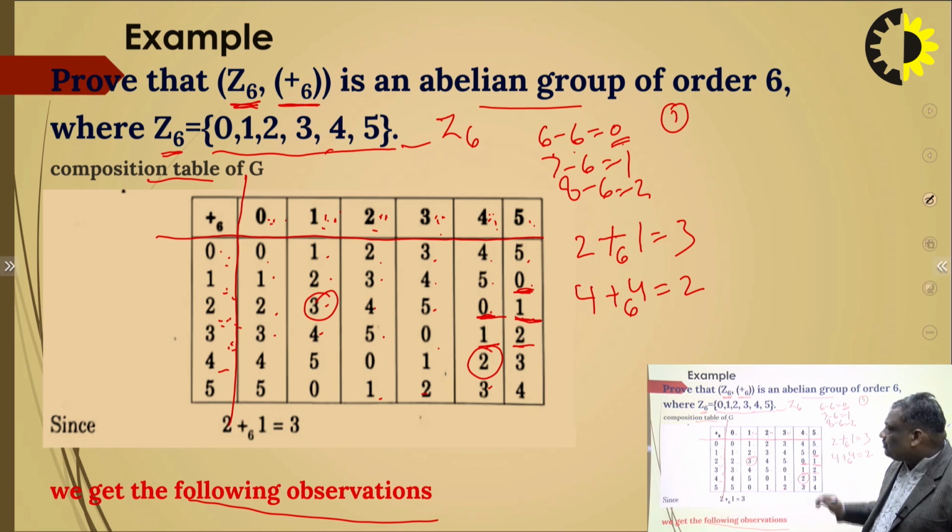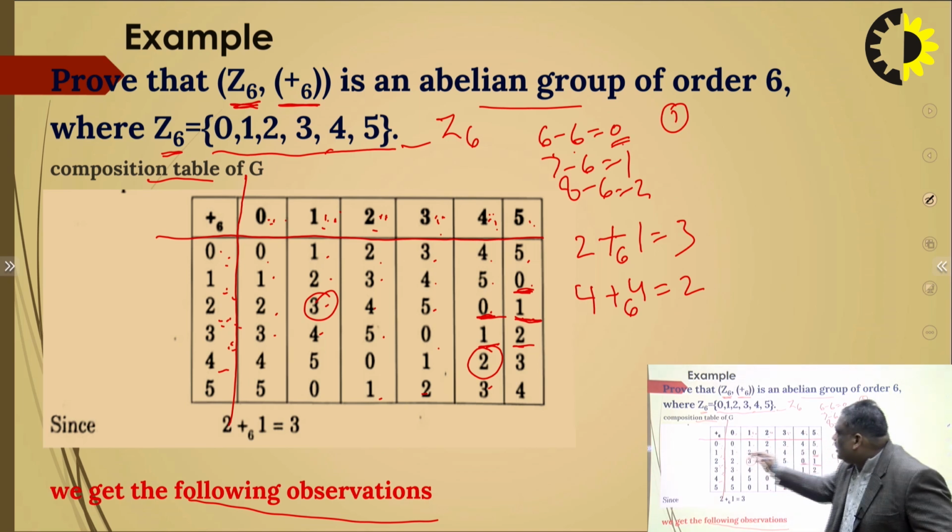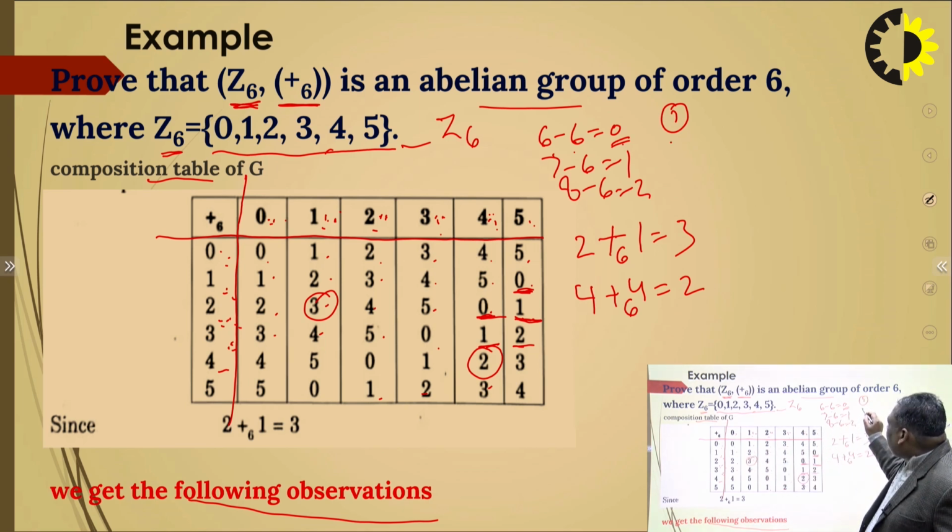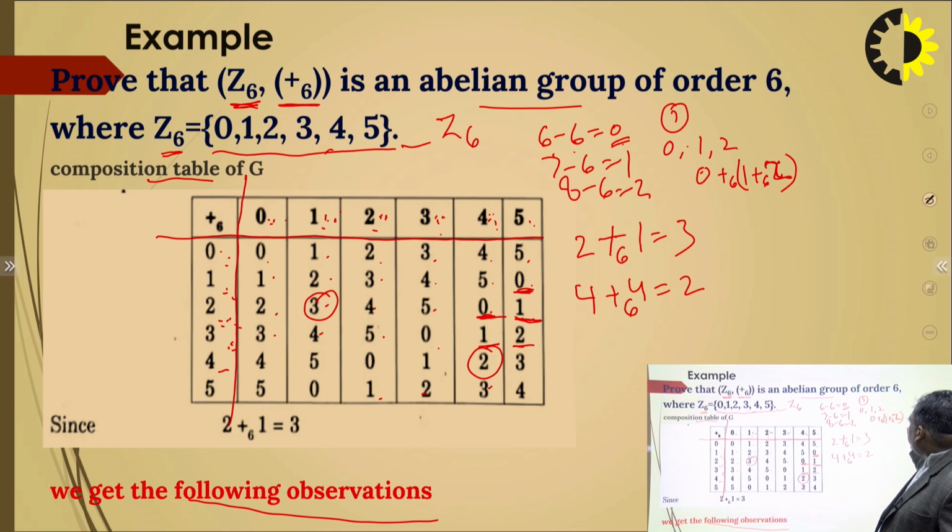The second, suppose that we take 3 elements 0, 1 and 2, and a binary operation, we prove the associative law. So 0 plus, under addition modulo 6, the bracket of 1 plus 2 is equivalent to the bracket of 0 plus 1, then plus 2.